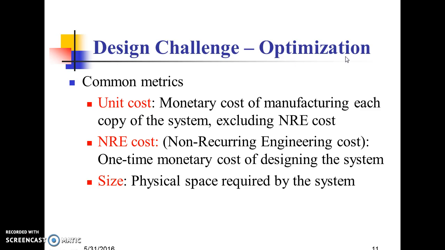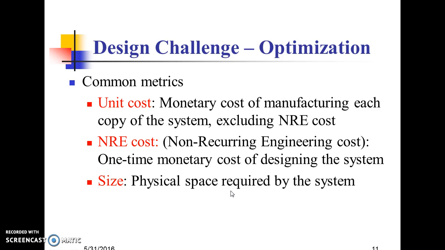Design challenge for optimization. Common design metrics. The first parameter is unit cost: the monetary cost of manufacturing each copy of the system, excluding NRE cost. NRE cost, non-recurring engineering cost, is the one-time monetary cost of designing the system.